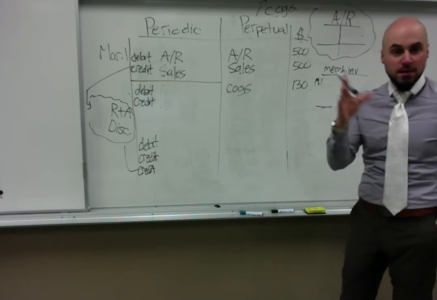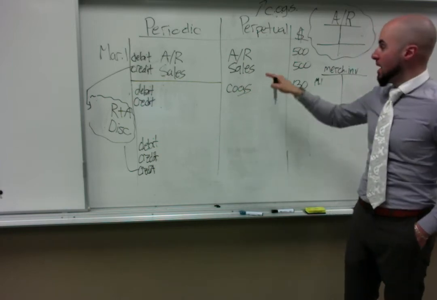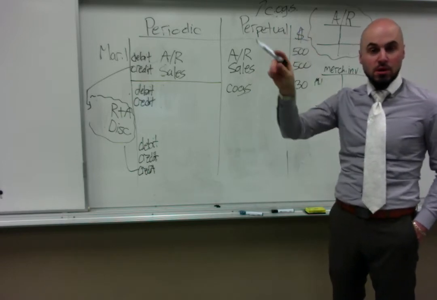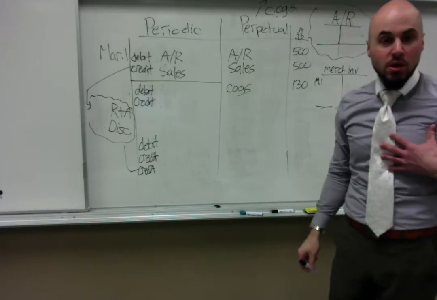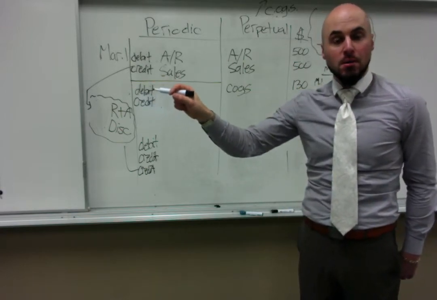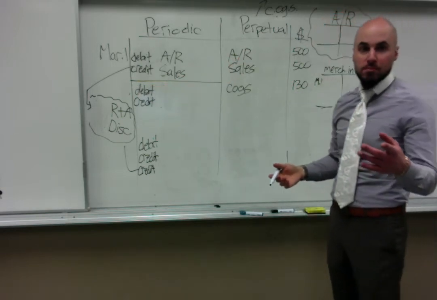Okay, now you get that, see what's happening here? Cost of goods sold is being recorded at the same time as the sale. It goes together. We're recording how much we got from the sale and how much we paid for those goods before selling. Right?